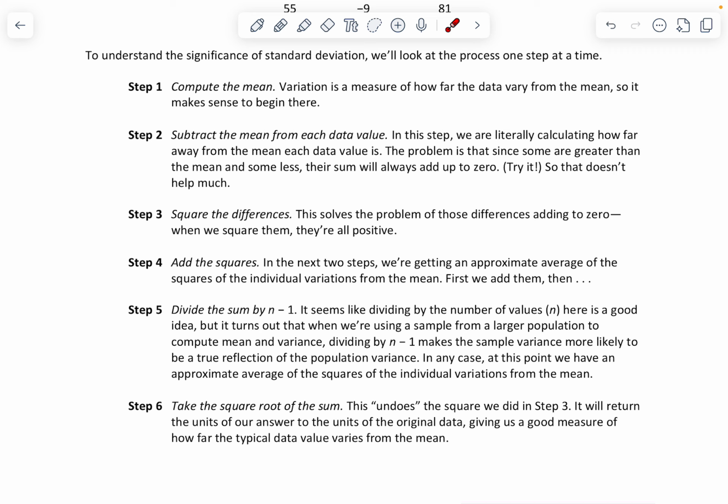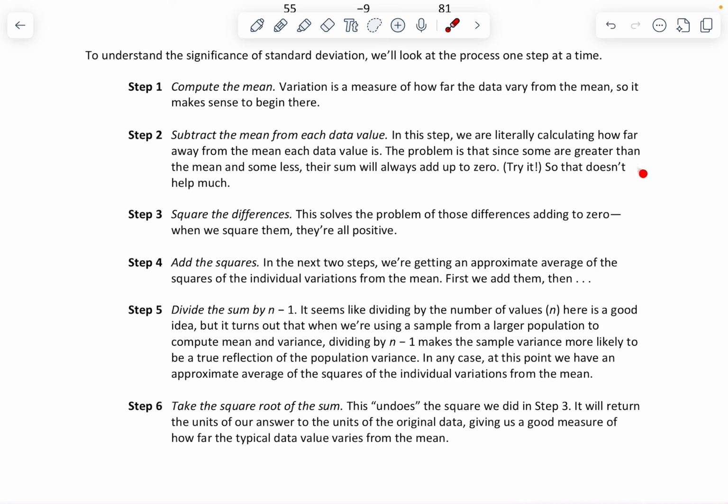The problem is that since some are greater than the mean and some are less, their sum will always add up to 0. So essentially what we're trying to do in this process is calculate the average deviation away from the mean, right? So that's why in step 2, we're finding the actual deviations away from the mean.